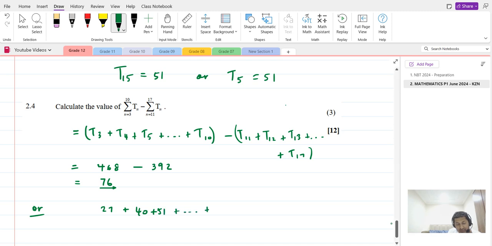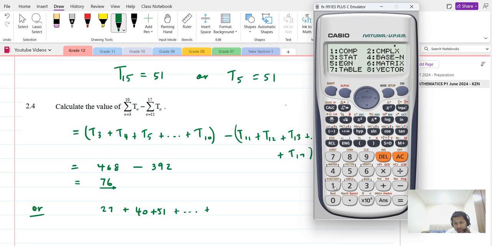And term 10 was minus 10 squared plus 20 times 10 minus 24. It was 76, right?